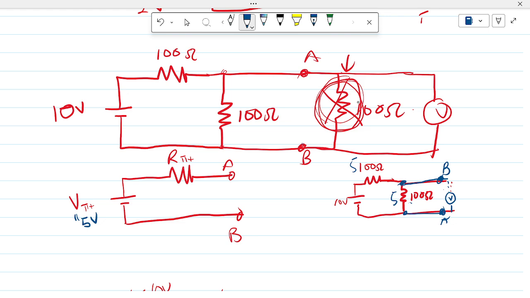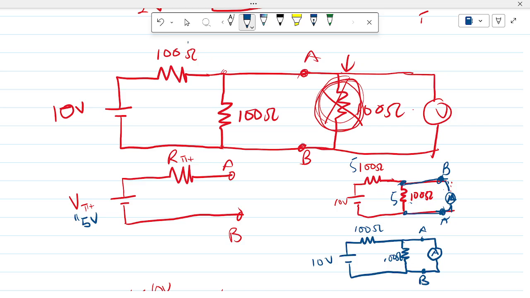Then we now put an ammeter here. Okay, so let me tell you something about ammeters as well. Let me redraw that to make it clean. So the same node AB, I put in an ammeter, 100 ohms, 100 ohms.